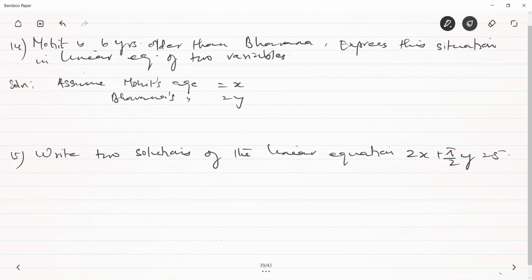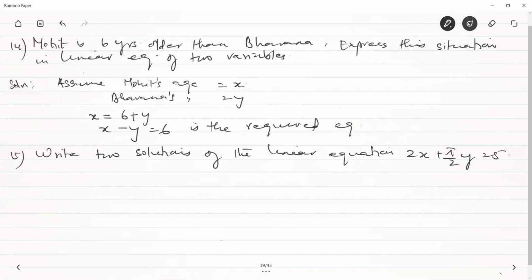What is he saying? Mohit is 6 years older than Bhavana. Bhavana is y. So I can take x minus y is equal to 6 as the required equation.